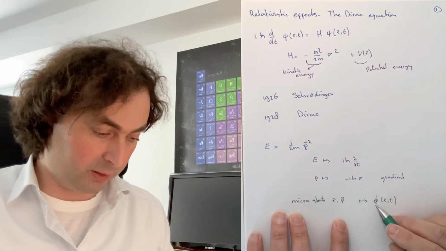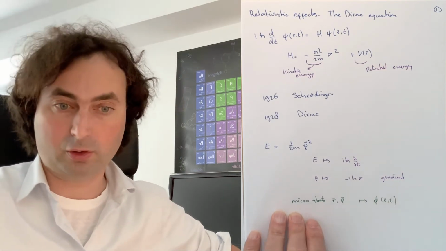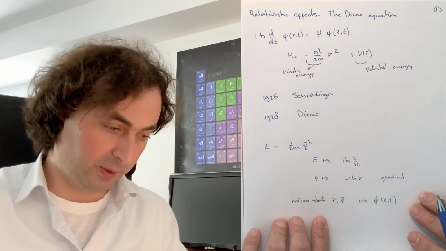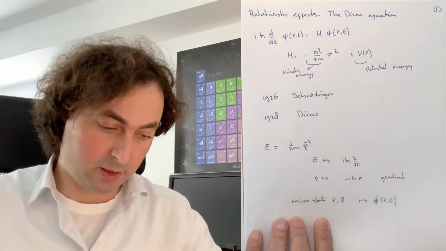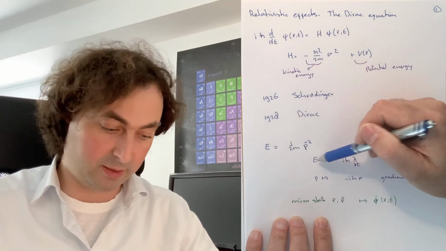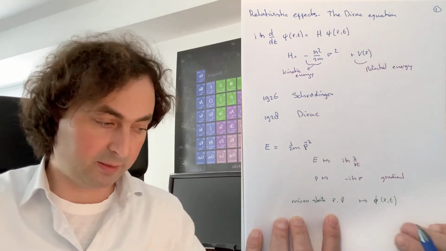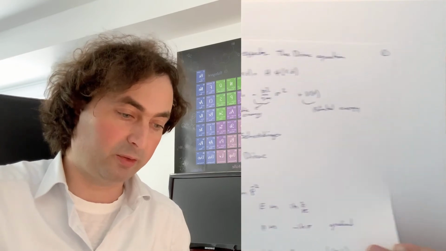And for one particle I use phi, for many particles I use normally psi. And we then have the Schrödinger equation that gives you the energy-momentum relation by just replacing the energy by the energy operator, the momenta by the momenta operator, and having these operators act on a wave function.